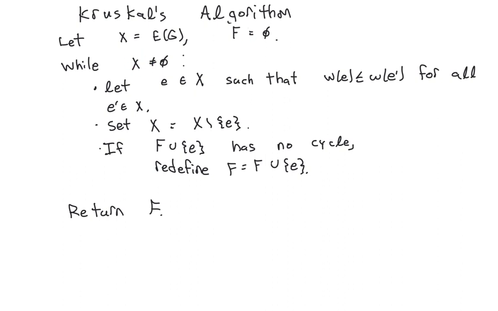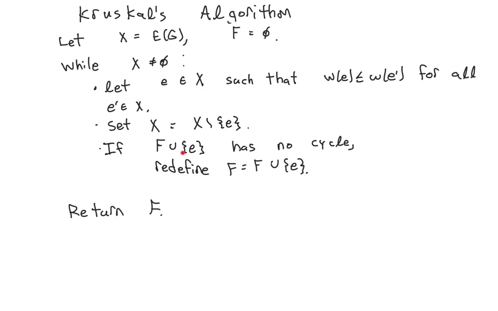And so as long as there's a candidate edge left, we take the minimum weight edge in that set X. Then we remove that edge from consideration, and then we just check whether or not adding it to our subgraph creates a cycle. So in the initial step, that's guaranteed. As long as E is not a loop, we should be able to add it.